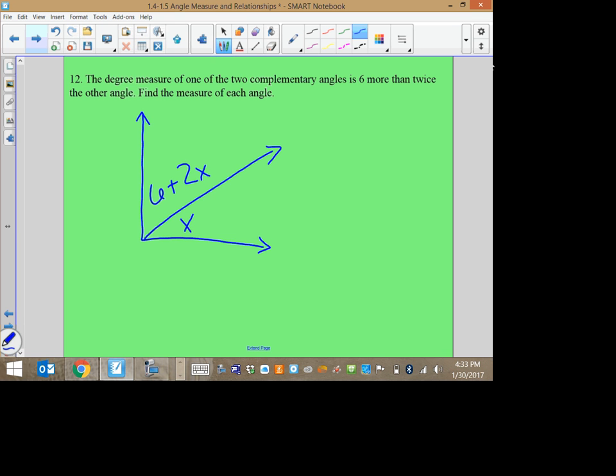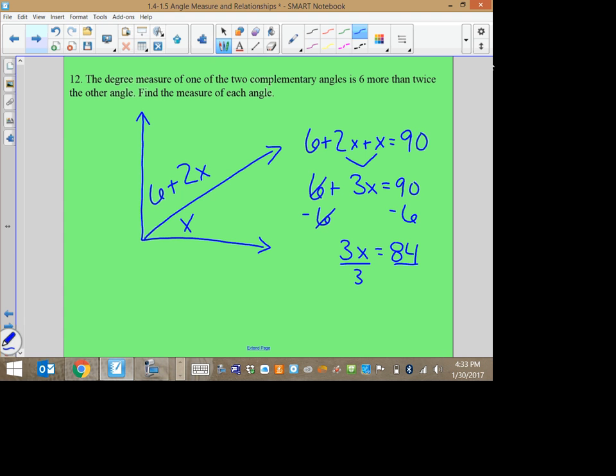Adding the two together, you get 6 plus 2x plus x equals 90. Combining my like terms, I get 6 plus 3x equals 90. Subtracting my 6 over, I get 3x equals 84. Divide by 3, I find that x equals 28 degrees.